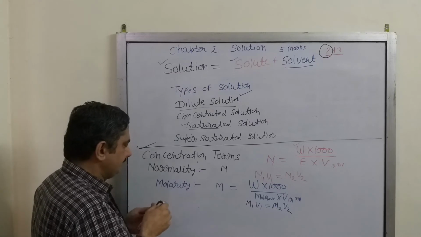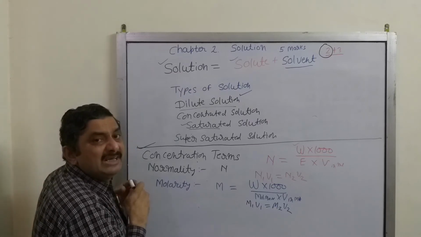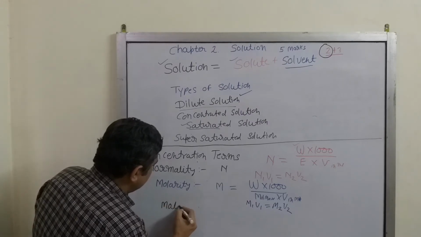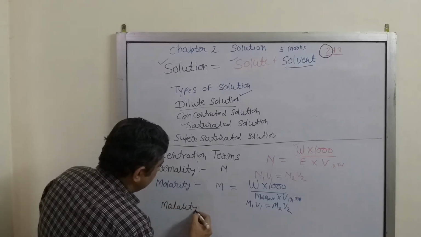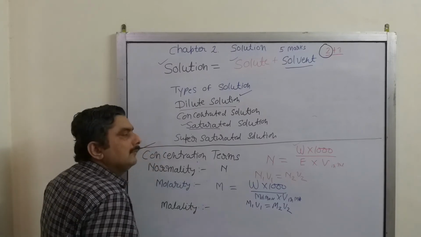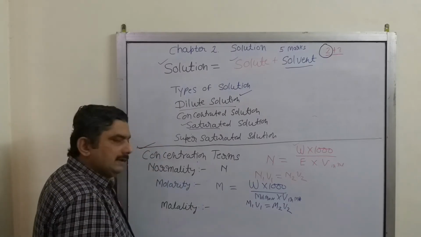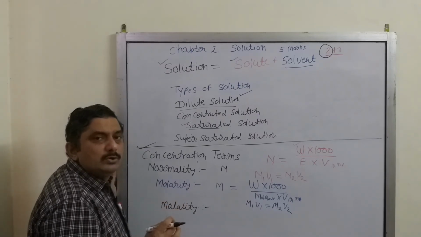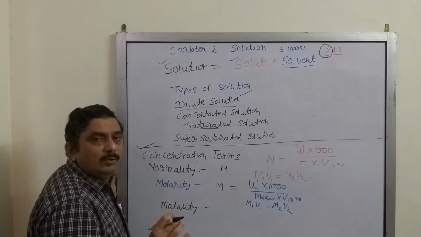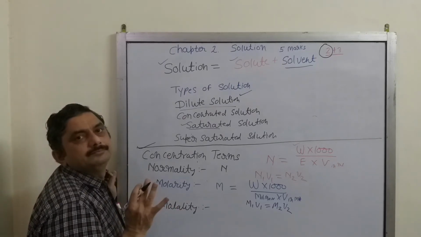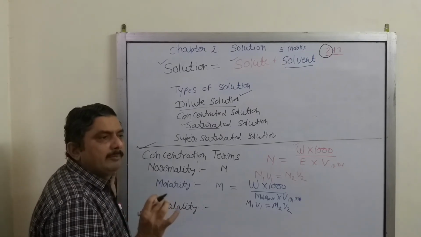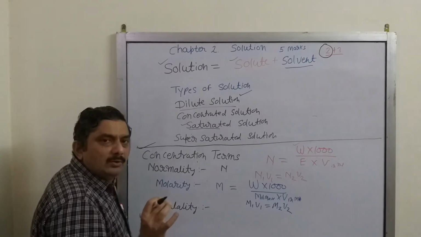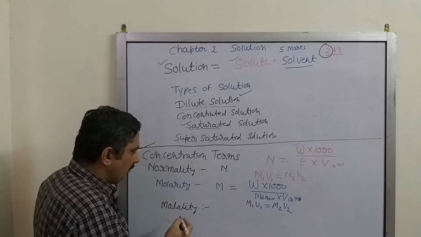Now third one is molality. Molality is defined as number of gram moles of solute dissolved per kilogram of solvent. Number of gram moles of solute dissolved per kilogram of solvent is called molality.